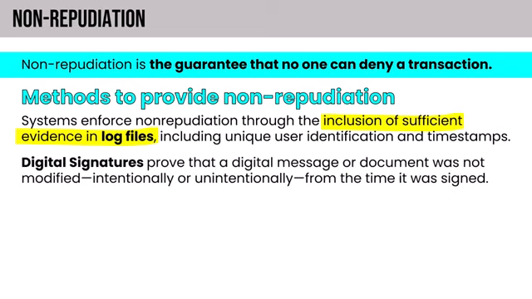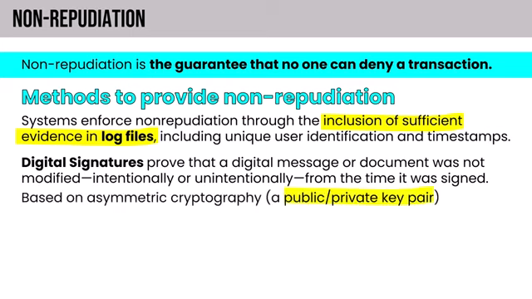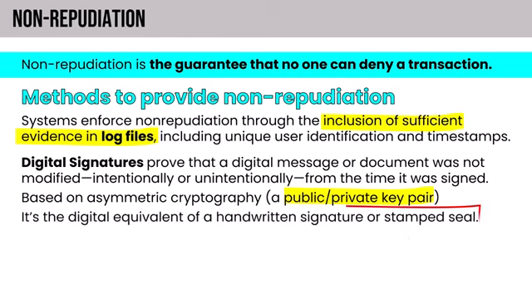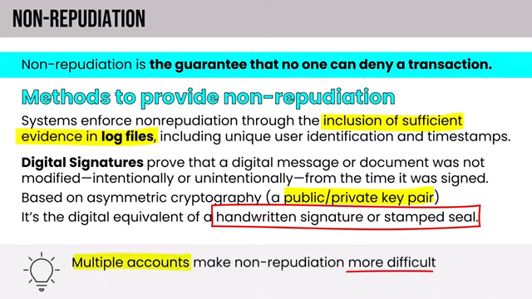Digital signatures prove that a digital message or document was not modified, intentionally or unintentionally, from the time it was signed. Based on asymmetric cryptography, a public-private key pair. It's the digital equivalent of a handwritten signature or a stamped seal. We talked about digital signatures a bit earlier. I want to just reinforce this in your memory. It's definitely part of what you'll want to be familiar with on exam day.